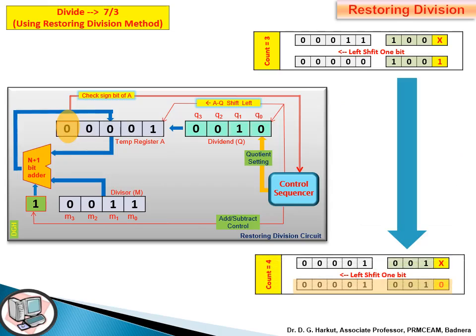At the end, content of register A holds the value which is nothing but your remainder, and content of register Q holds the value which is nothing but a quotient. This is the end of fourth iteration. Result is available in register A and register Q. That's it.